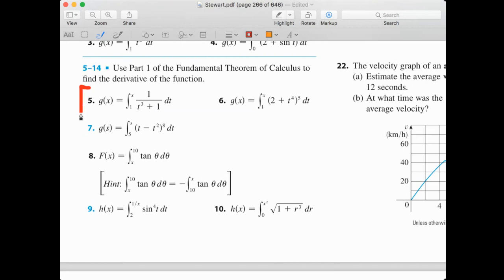I want you to think. Okay, let's try 5, 6, 7, 9, and 10. All right, let's try this 5. And this 5, we use the first part. Okay, try this 5 now.